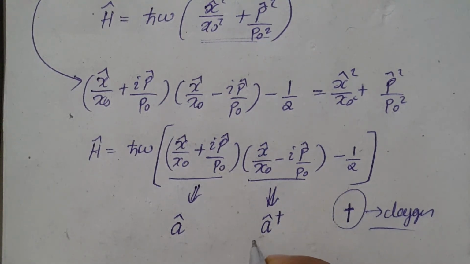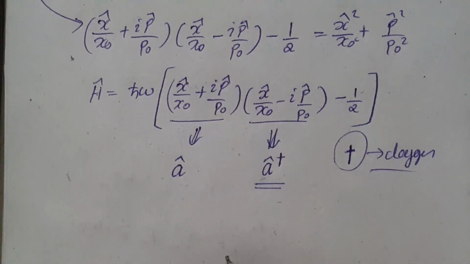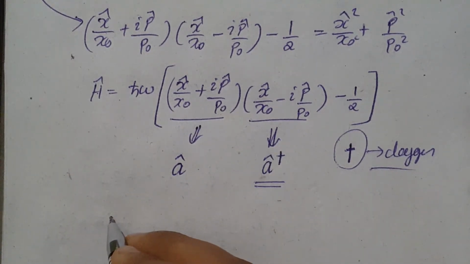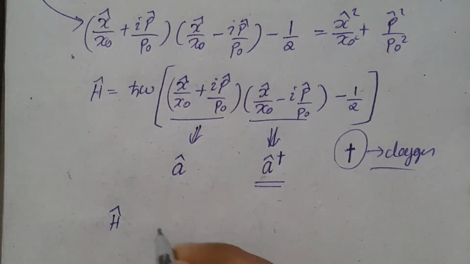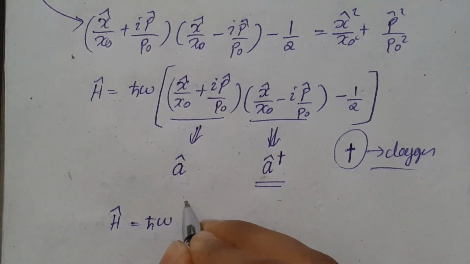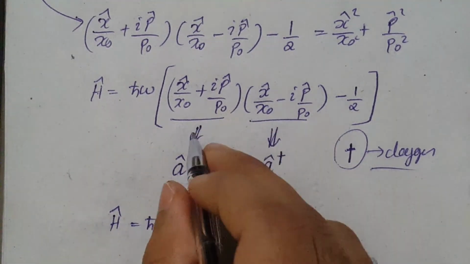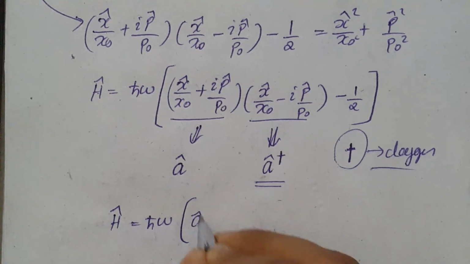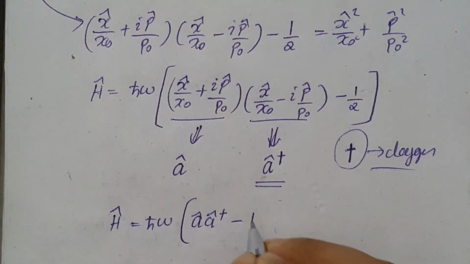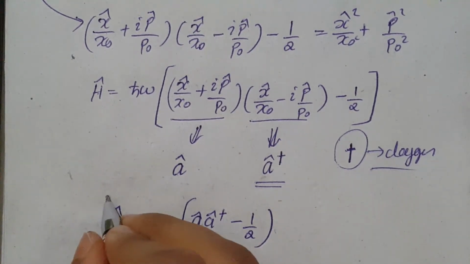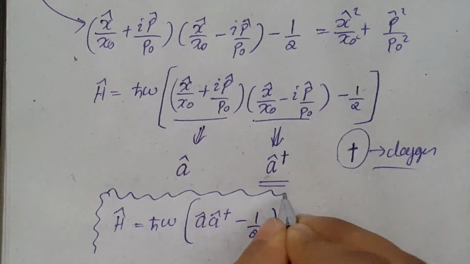For the time being, just assume this is just a symbol for this. Then how can we rewrite this? So the Hamiltonian will become h cut omega times a cap dagger a cap minus half. Okay, now we have a simplified form for our Hamiltonian.